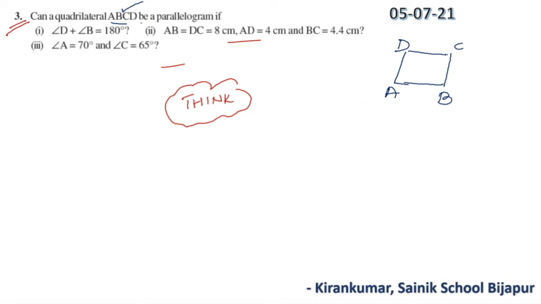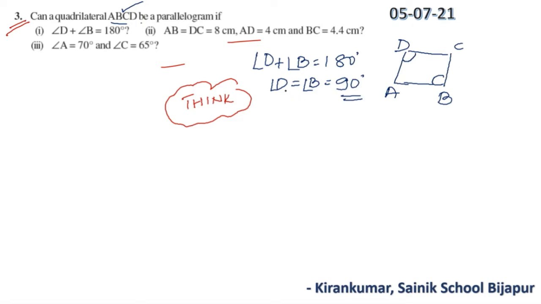If I want this particular quadrilateral as a parallelogram, it should follow certain conditions. If angle D and angle B, the sum is 180 degrees, then we know that the opposite angles are equal, so each becomes 90 degrees.